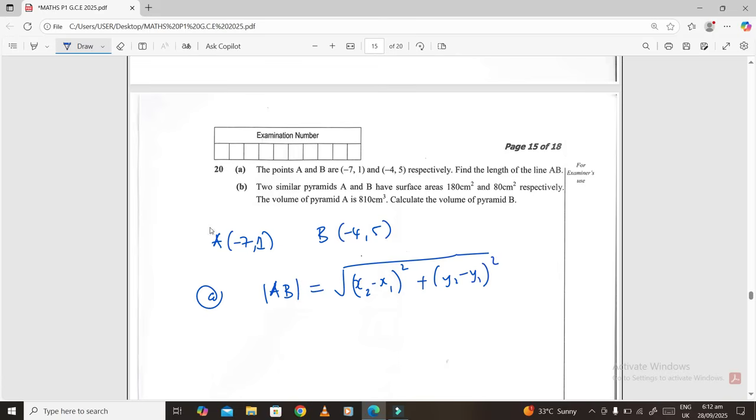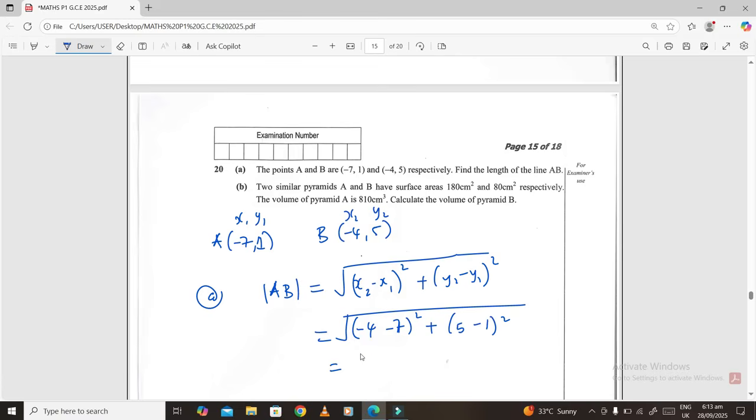So this is the formula we're going to use. We shall say this is x1, y1, x2, y2. So what is our x2? It's negative 4. Negative 4 minus x1, negative 7, squared, plus 5 minus 1 squared.